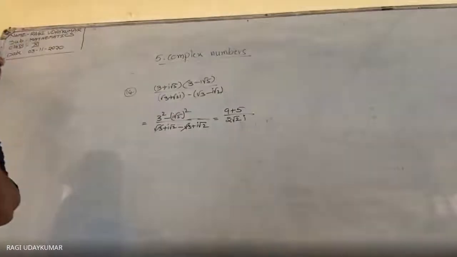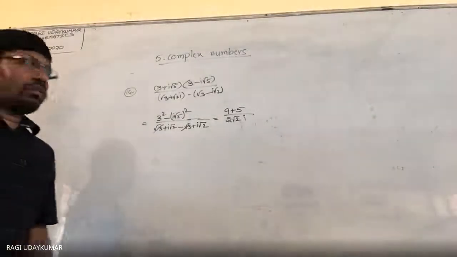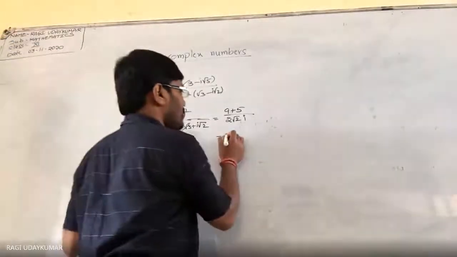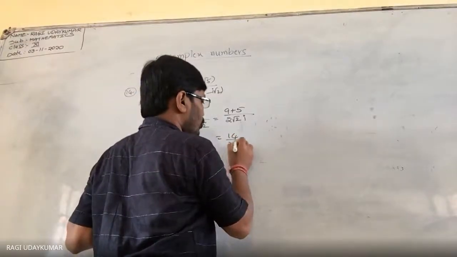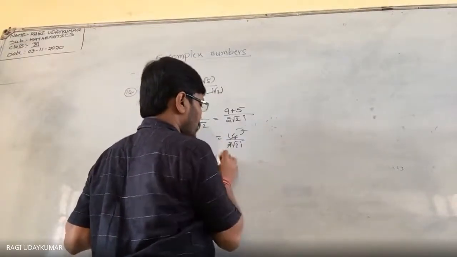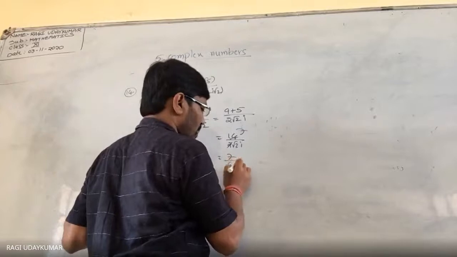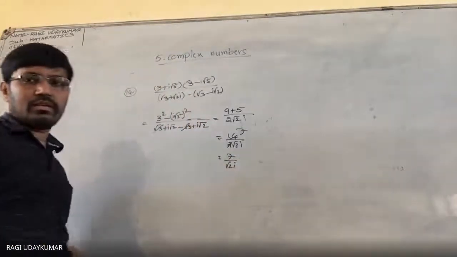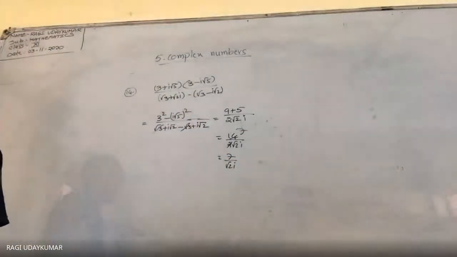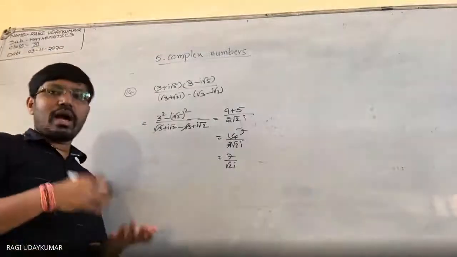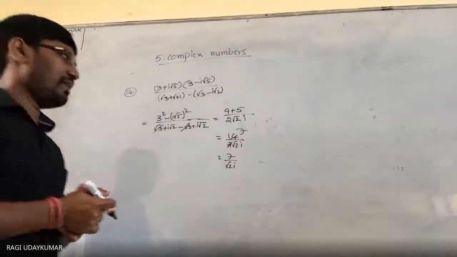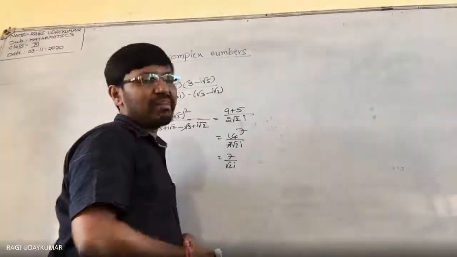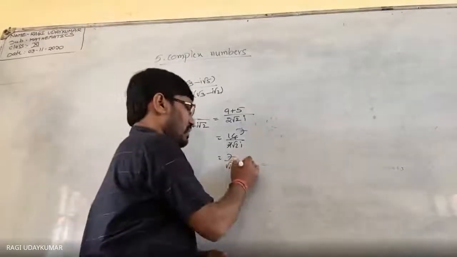Now what to do? 9 plus 5 is 14. 14 by 2 root 2i, 2 ones is 2, gives 7 by root 2i. What to do now? Multiply with i in the numerator and denominator.